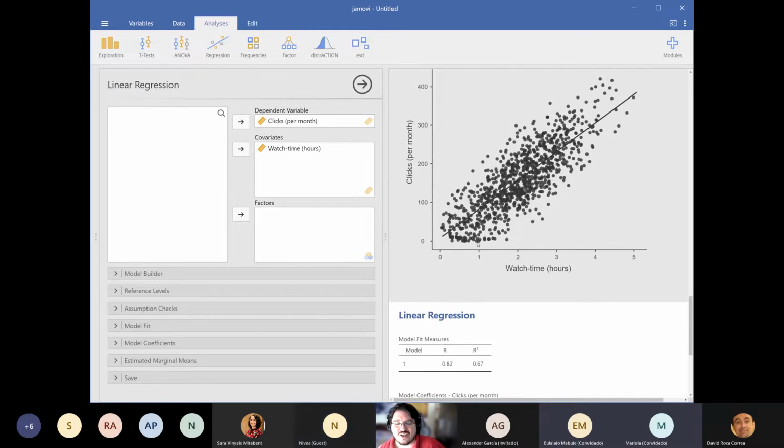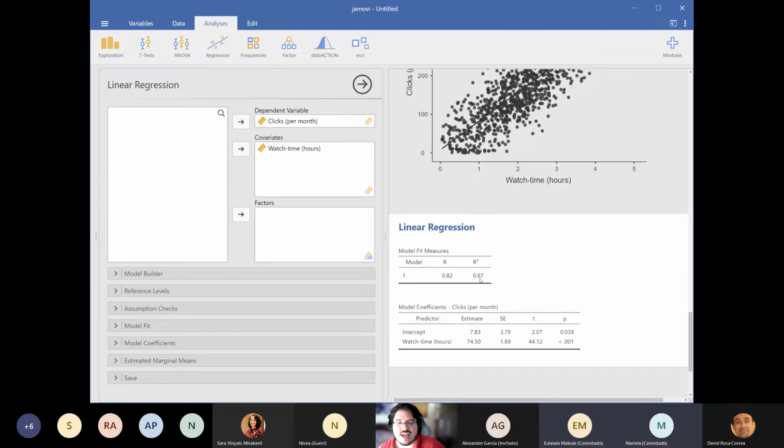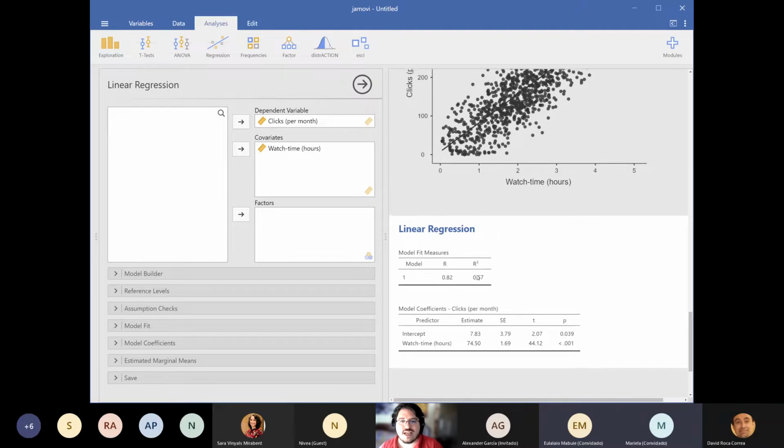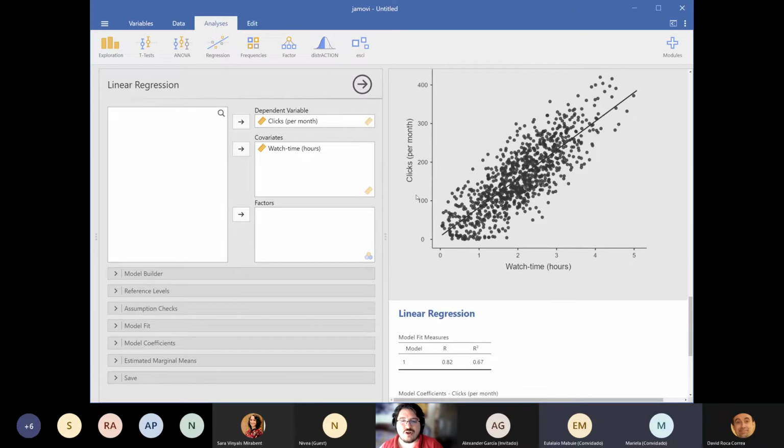Thank you. No problem. So the R squared, it's the square of this R. That doesn't give you anything. But the meaning of this R squared is how much can you explain your clicks per month given your watch time in hours.